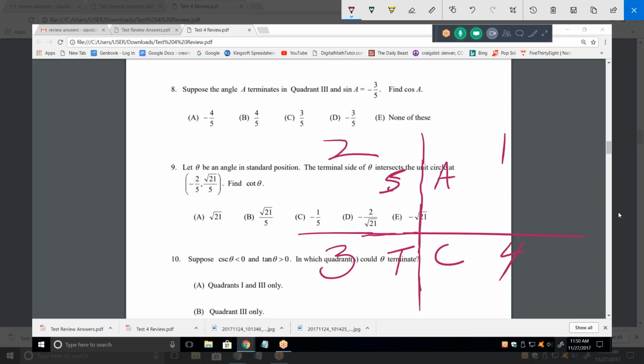Okay? So, this is a classic trig problem. I want to teach you the way to do all of these. And first step is draw a triangle and label theta. Always, first step. Forget this for the moment.